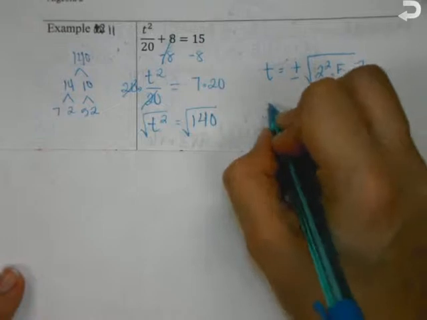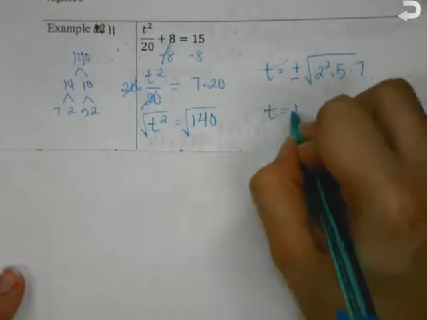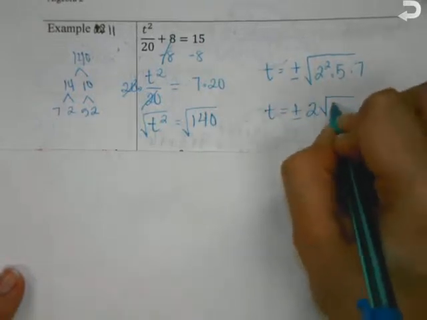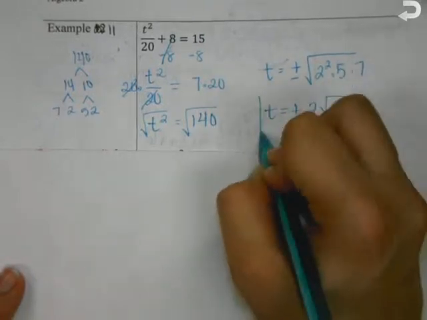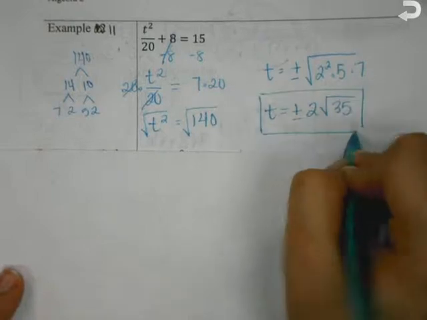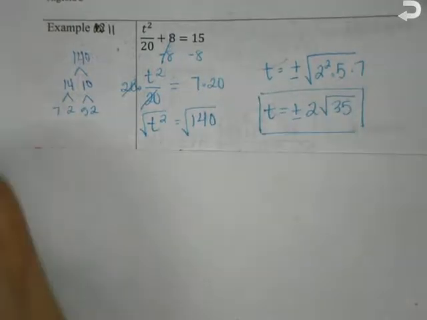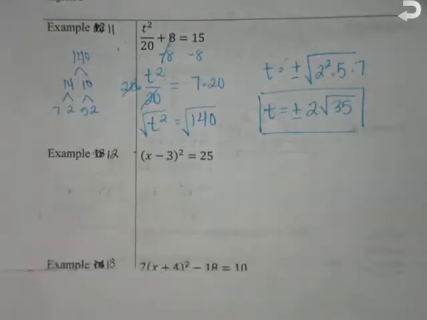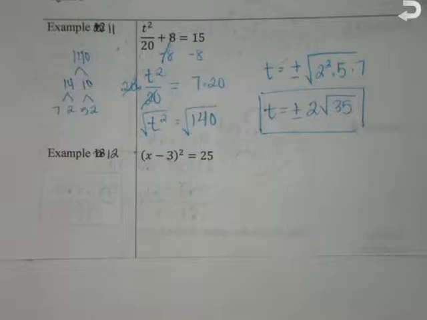One more. Example 12, x minus 3 squared equals 25. This looks way different, but similar. When we had something in parentheses, what have we done before?